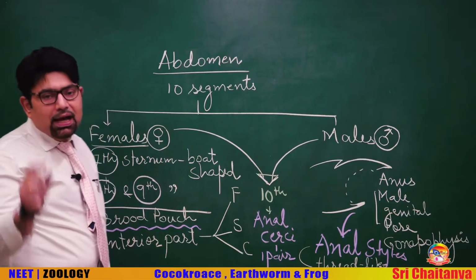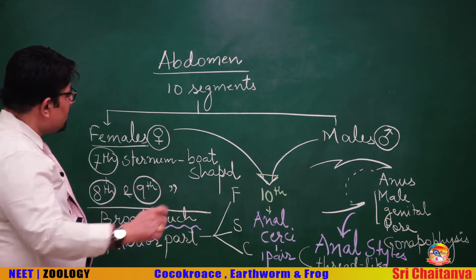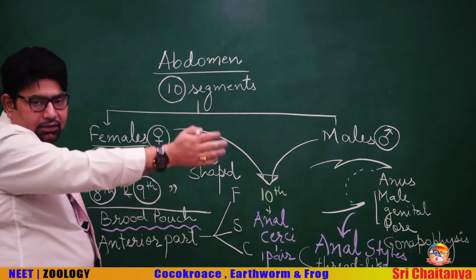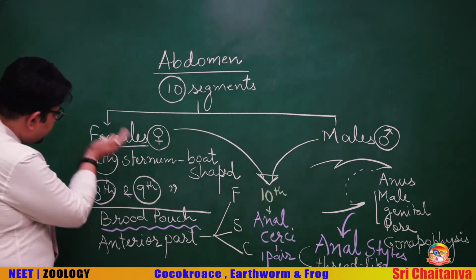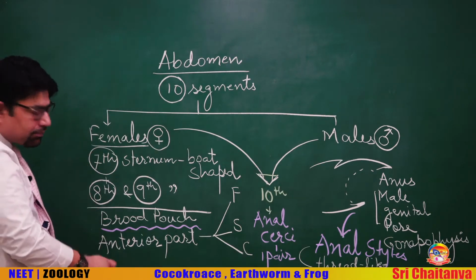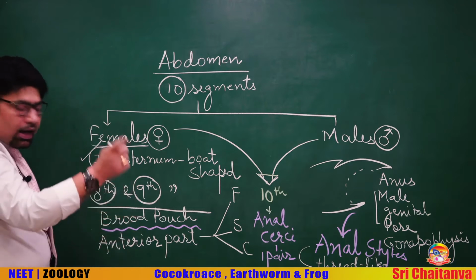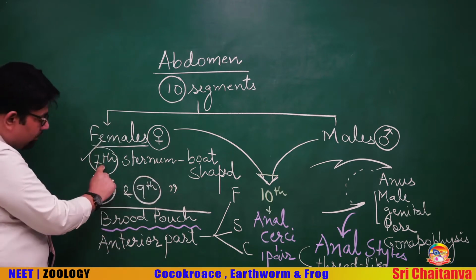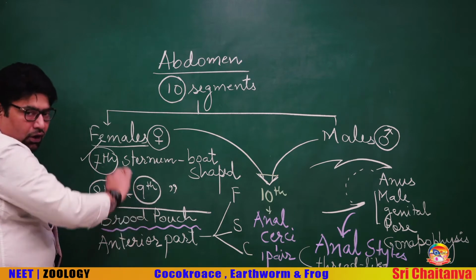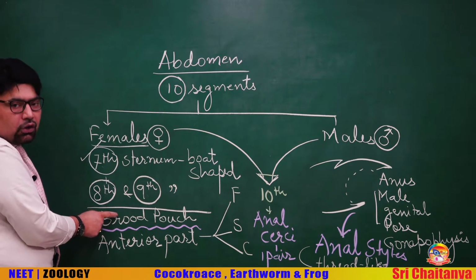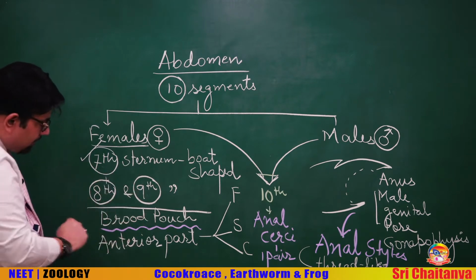After thorax, abdomen. Abdomen is made up of 10 segments, both in males and females. In females, the 7th sternum is boat shaped, important, along with the 8th and 9th sterna. 7, 8 and 9, all three of them, form a brood pouch or genital pouch.